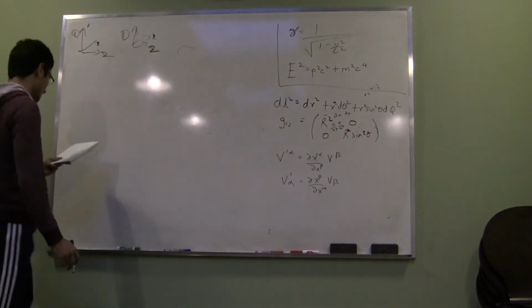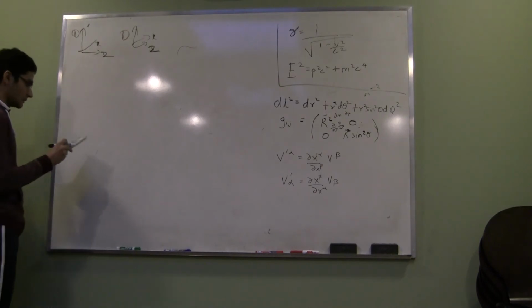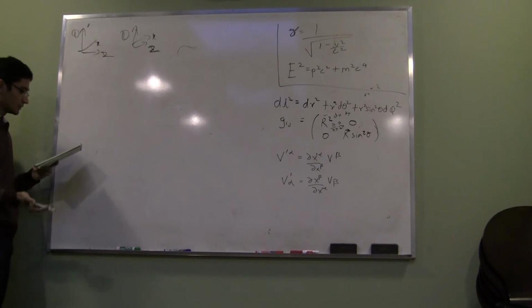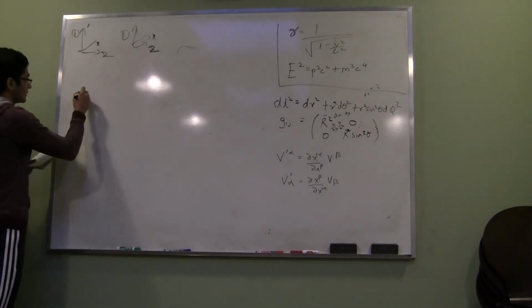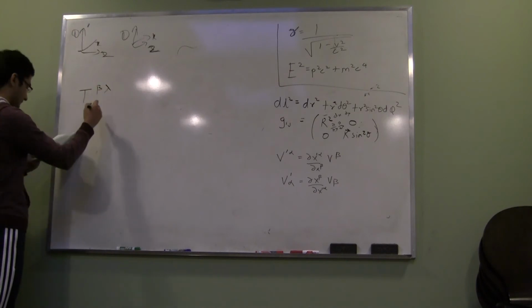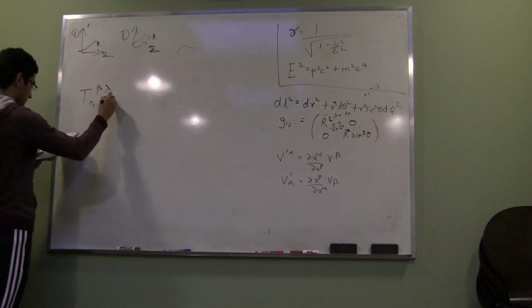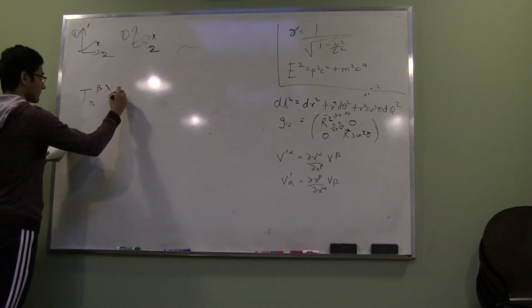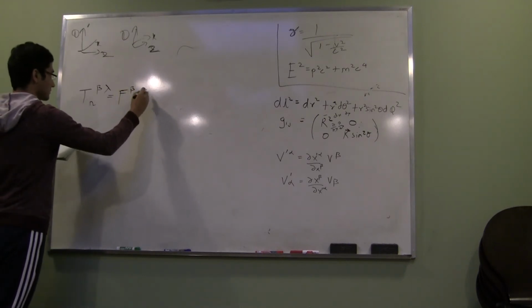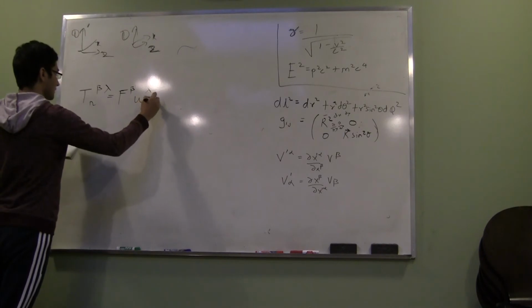We have the same. Then one method of constructing a new tensor is by multiplying components of vectors and one-forms. So we are saying T, beta, lambda, eta equals F, beta, W, lambda, A, eta.